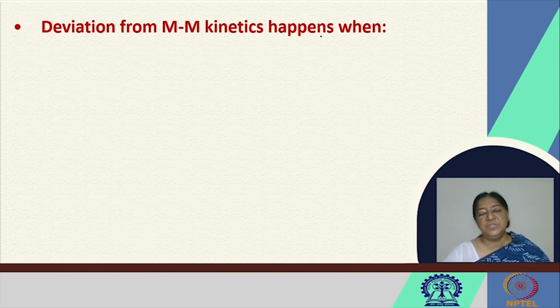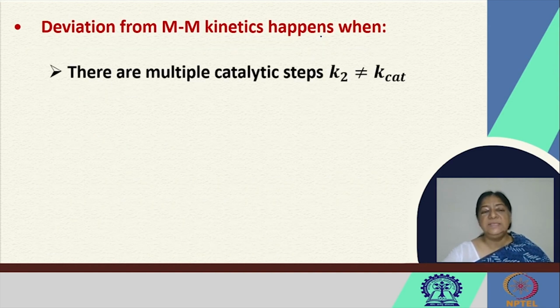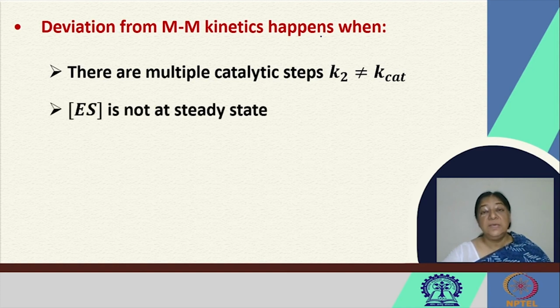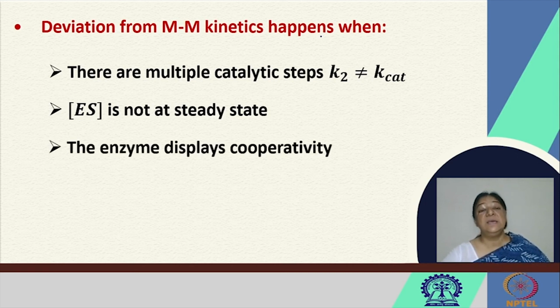Similarly, we can have deviations from the kinetics as well, and these deviations occur when there are multiple catalytic steps where we cannot equate the K2 with the kcat. ES, the enzyme substrate complex, is not exactly a steady state, and the enzyme displays cooperativity, as we looked at in the protein ligand situation, where the binding of the substrate could have an effect on the binding of another substrate molecule.